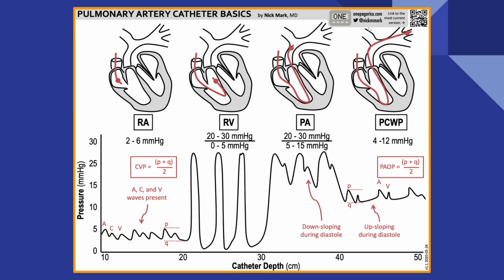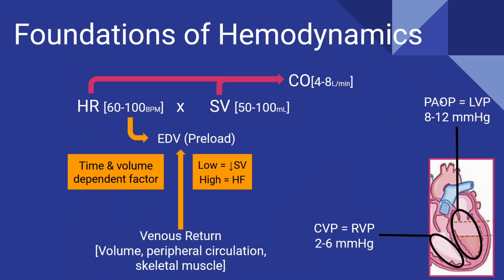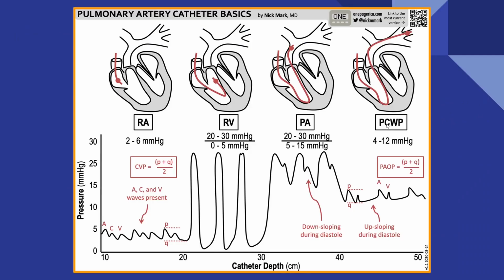And then, like I said, you could stick this camera all the way up, inflate the balloon, and the blood is going to push it and wedge it into one of these arteries. And you're going to be able to see a pulmonary artery occlusion pressure. It's the same thing, PAOP and PCWP. It's just wedging into that artery.